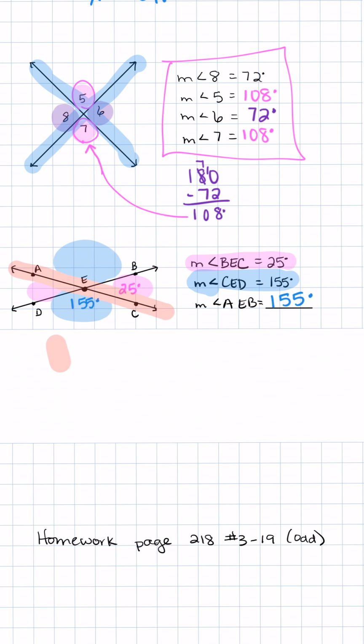We could take 180 and subtract 25, and that'll tell us what this is here because of the straight line. So when we do that, it equals 155 degrees. So there's more than one way to do it to get the same answer. I find knowing congruent and vertical angles are easier, but totally up to you, whatever works for you.